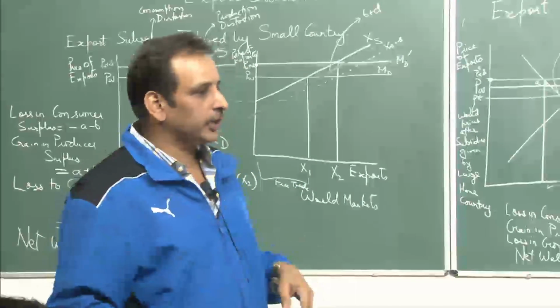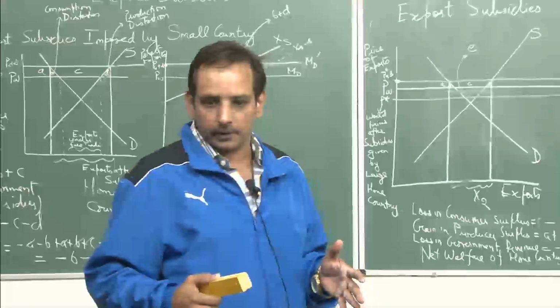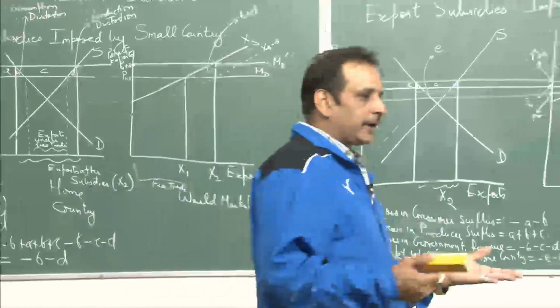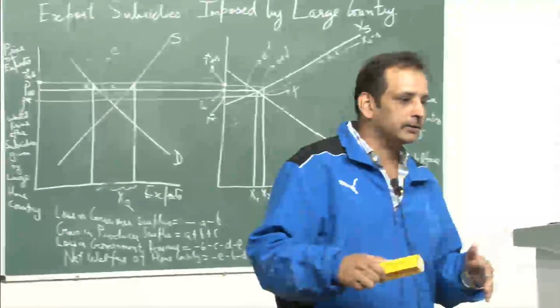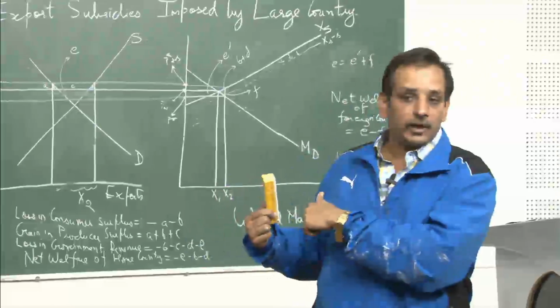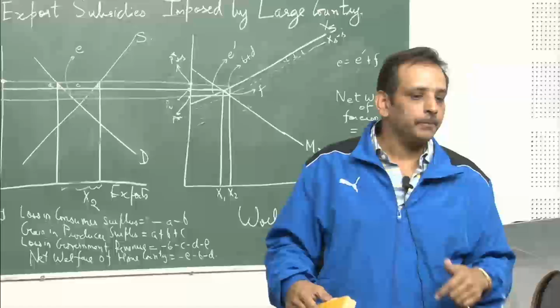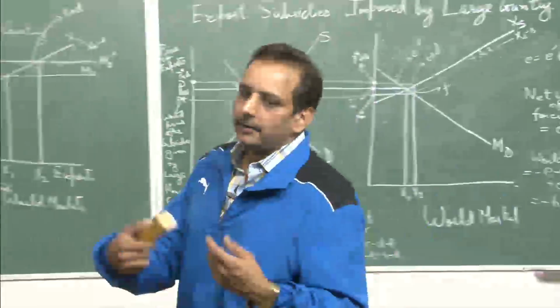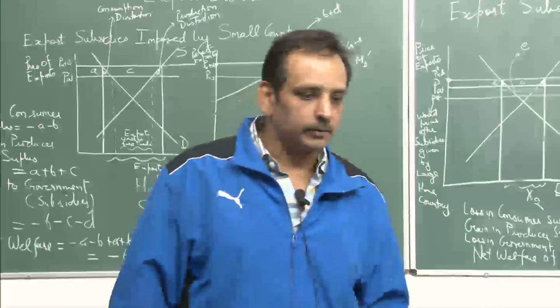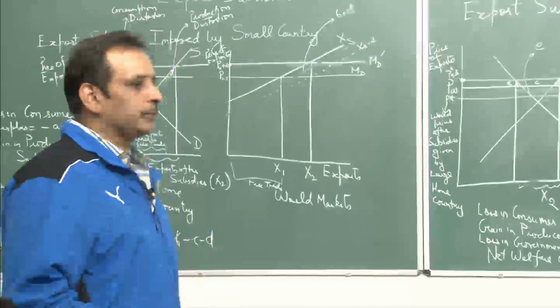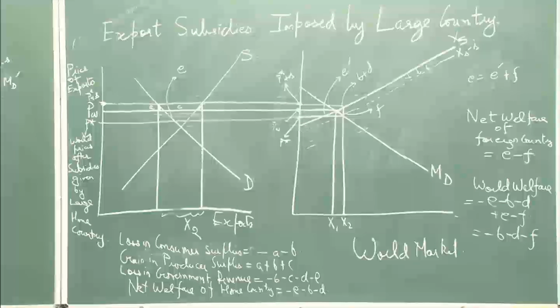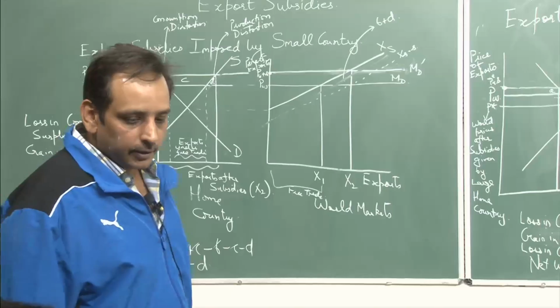So it is up to the negotiators to do good homework and back it up with some empirical studies, which is not very easy when you are analyzing trade policy. Once you do that, I think you will be in a better position to argue your case for dismantling all types of subsidies. Okay, I'll end here.